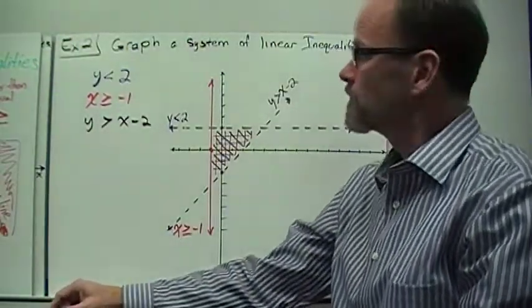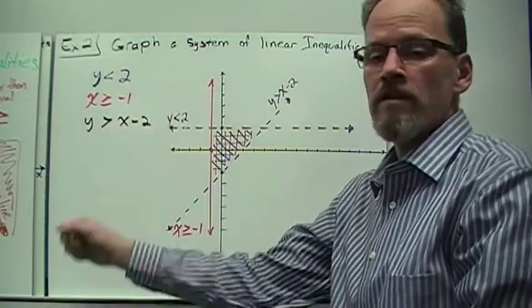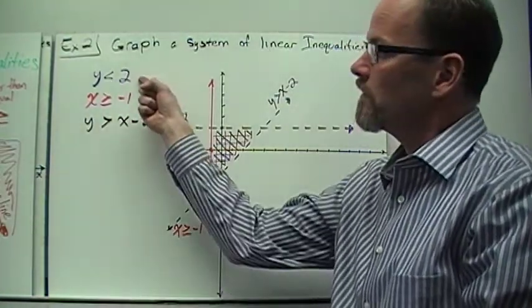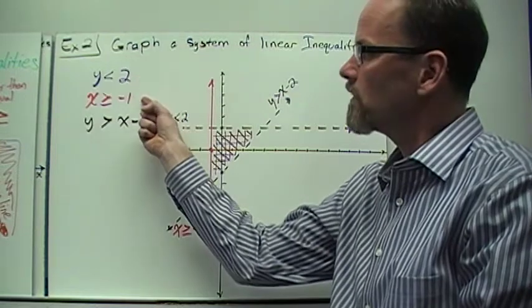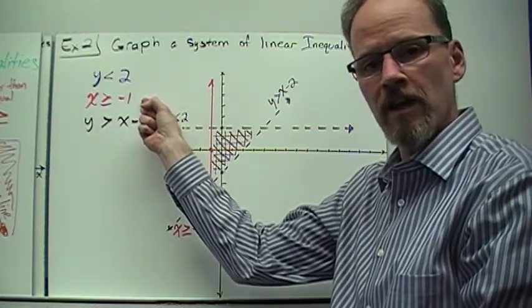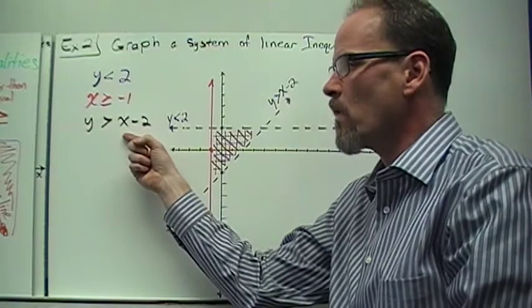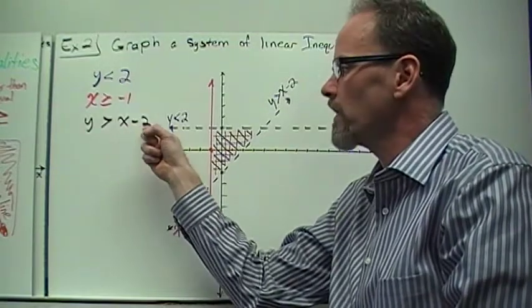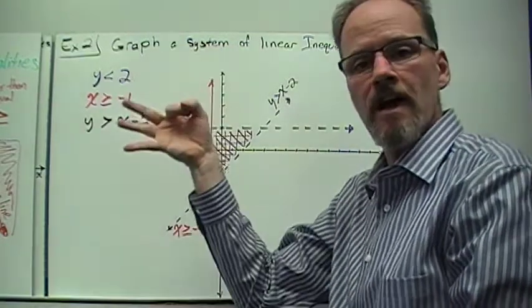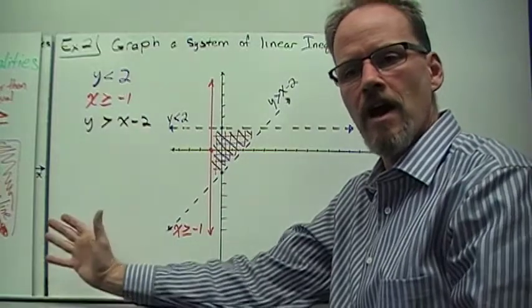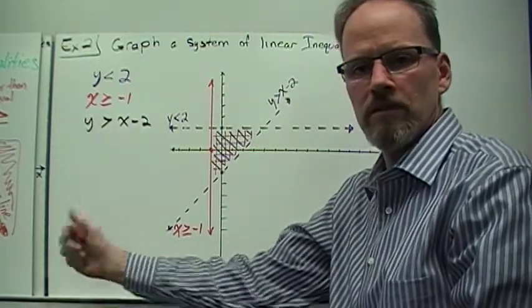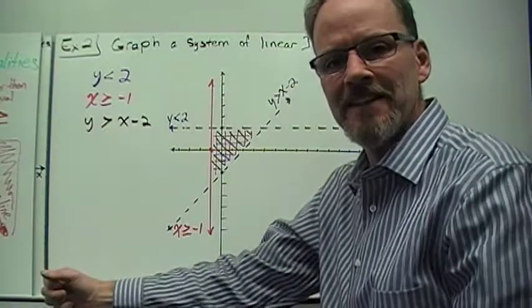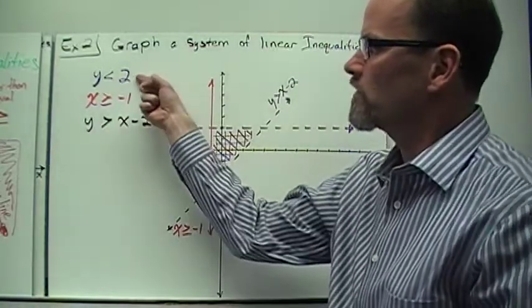Example number 2. Notice I've got more than 2 now. I've got y is less than 2, x is greater than or equal to -1, and y is greater than x minus 2. I've got 3 linear inequalities. I can graph as many as you want to throw at me. But in this particular case, look what's interesting here.